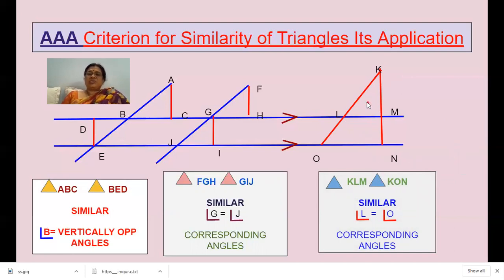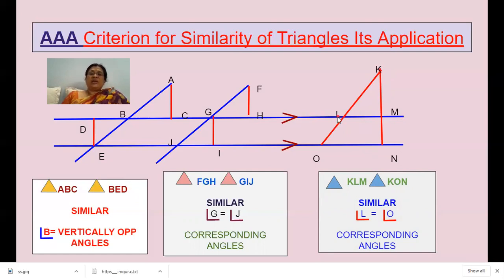By the basic proportionality theorem. What does the basic proportionality theorem state? It states that when a line is parallel to the third side, it will divide the other two sides in equal ratio. So by that, you can say these two are parallel lines. This is a parallel line with this base. You can say the other two sides are in equal ratio.